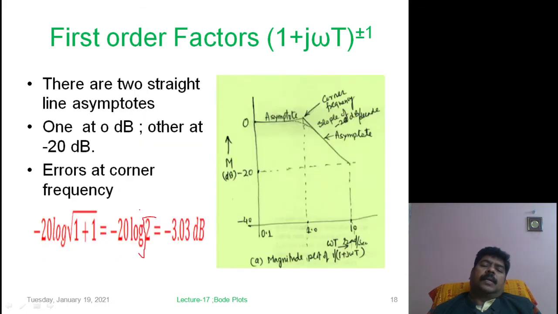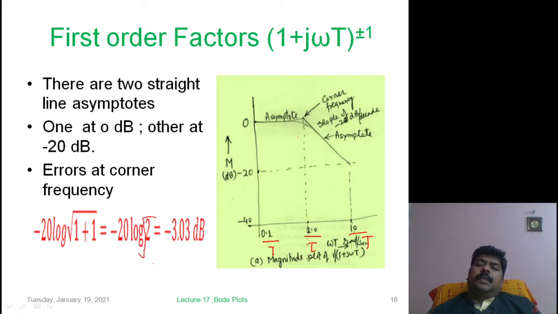So here you can see, for the same axis, say 0.1 by t, 1 by t, or 10 by t, what would happen?